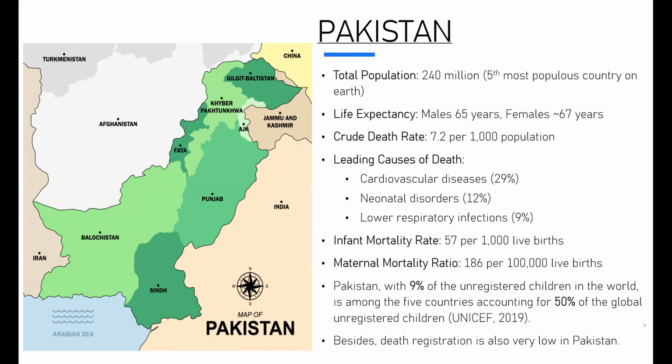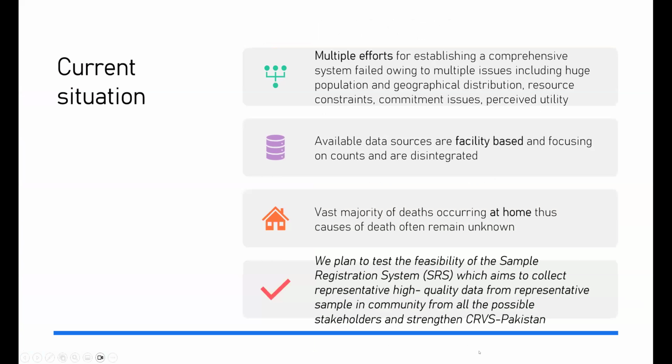There's no formal mechanism currently in place for a vital statistics registration system, although the country is preparing to launch one, but we are not there yet. So this is the background with which we started our SRS activity.